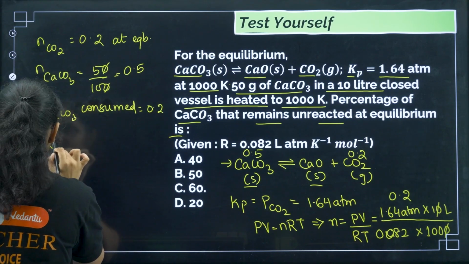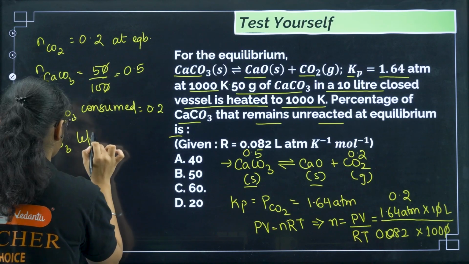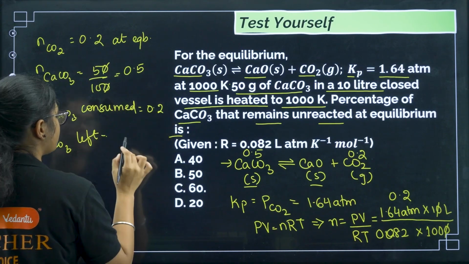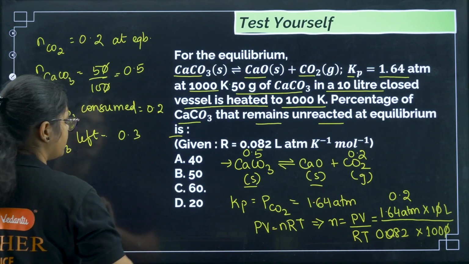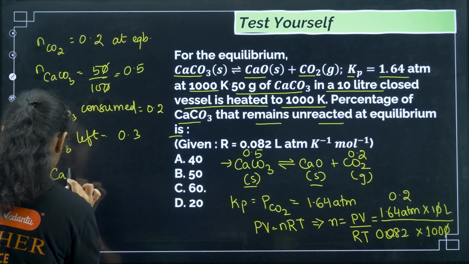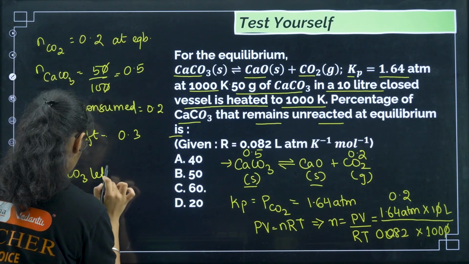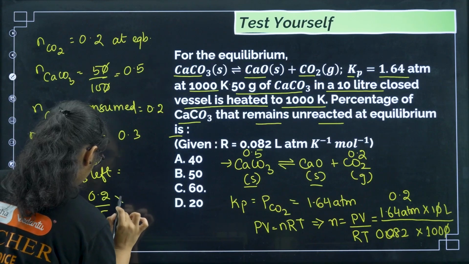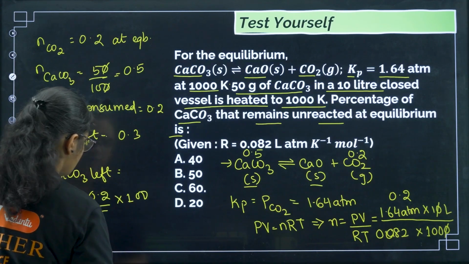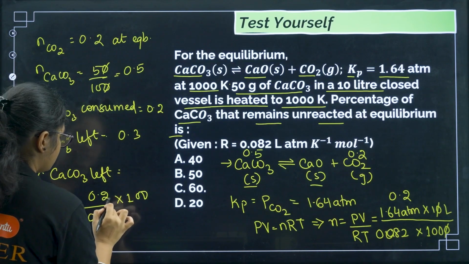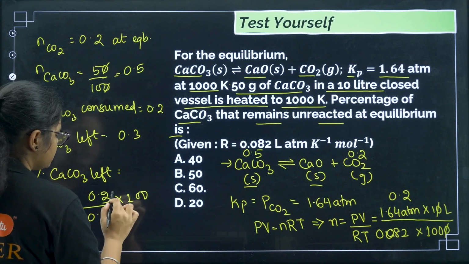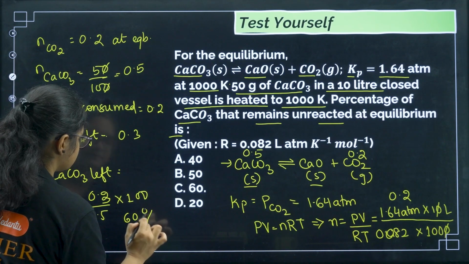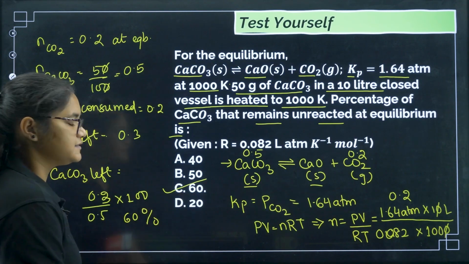Number of moles of CaCO3 left: total it was 0.5, 0.2 consumed, it is 0.3. Then what is the percentage of CaCO3 left? That is 0.3 by 0.5 into 100, so I will get 60%. Okay, option number C here.